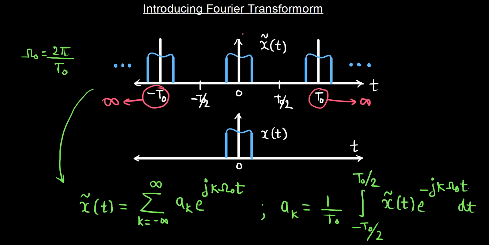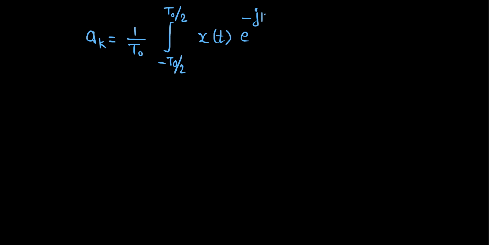So this ak is equal to 1 upon t naught integration over t naught, from minus t naught by 2 to t naught by 2, and instead of this x tilde of t, I am going to write x of t, as both of the signals are the same within the period of t naught, e power minus jk omega naught t dt.